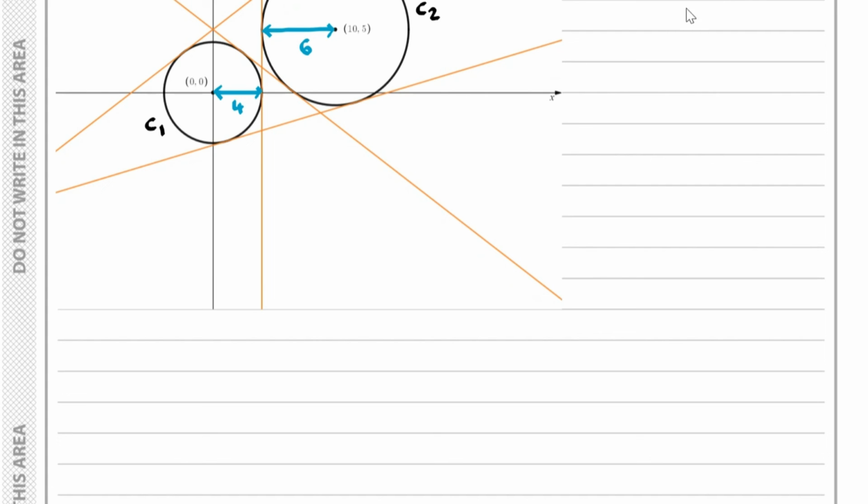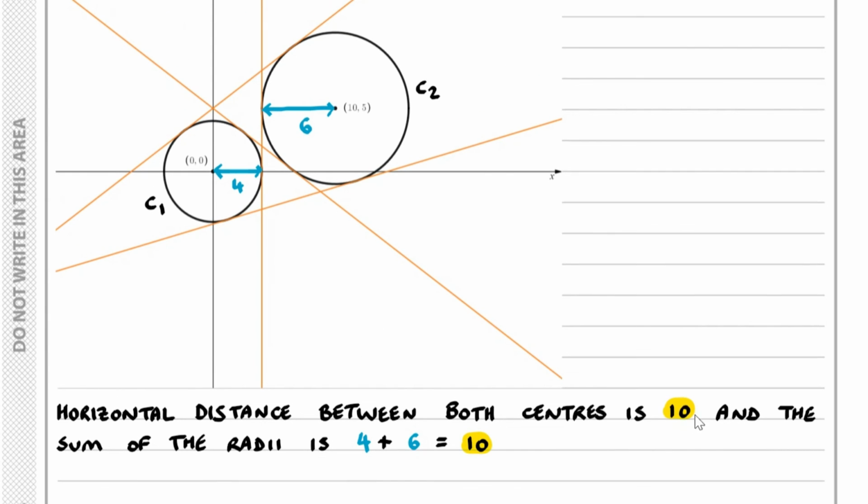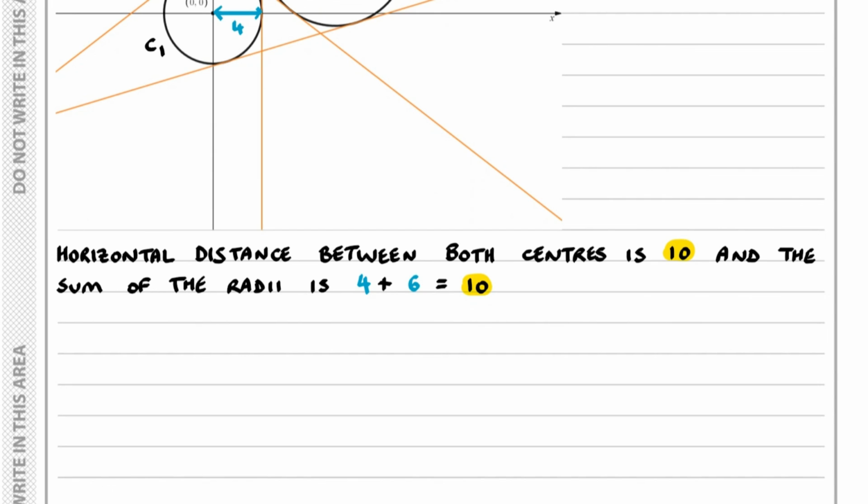So let's write that down. What we are saying here is the horizontal distance between both centres is 10, and the sum of the radii is 4 plus 6, which is 10, which means there is a vertical tangent at x equals 4.